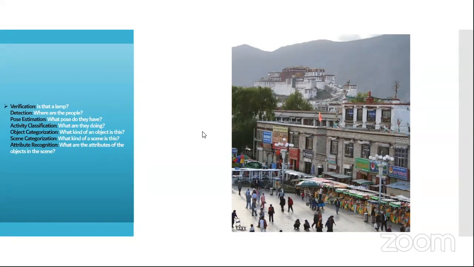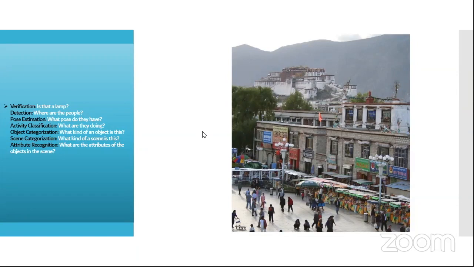So you have verification, where you can use an AI model to verify whether you have an object like a lamp in this image or not. Similarly, we can have a detection problem, whether we have people in this image or not. Then pose estimation, like what are the different activities being performed by all these people.